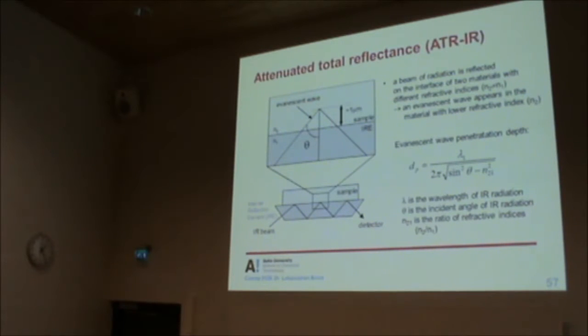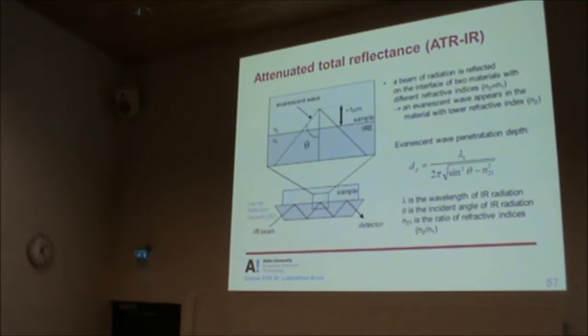Okay, so now the setup is as follows. You have the high refractive index medium, you have the lower refractive index medium, and as the total internal reflection happens, the distance over which the evanescent wave travels into the lower refractive index medium is denoted by dp, and that is directly proportional to the wavelength.